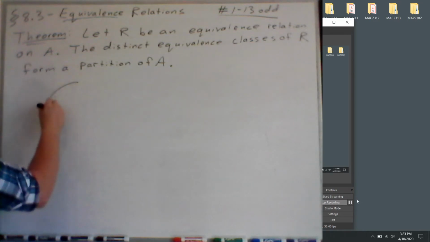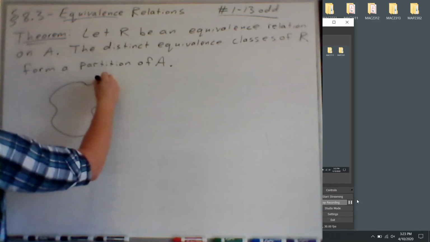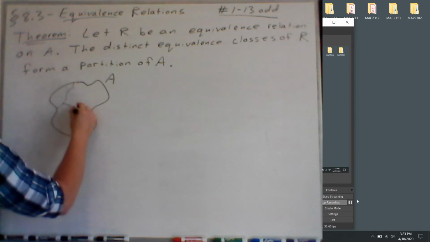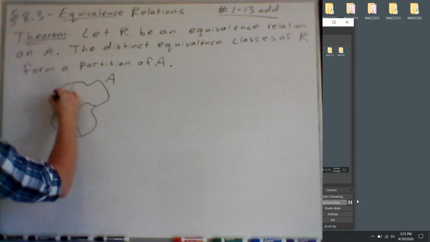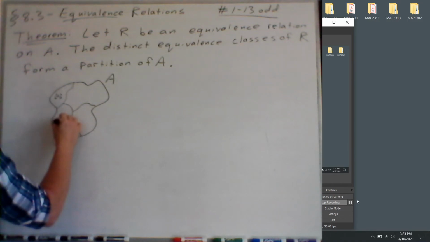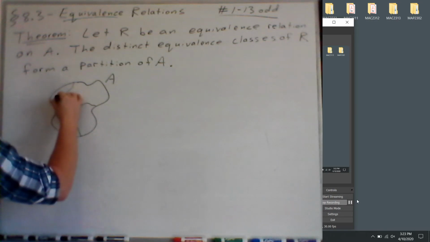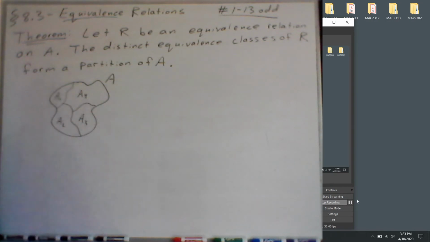So what that kind of just generally looks like, let's take this set A. That means that we can partition it into smaller subsets, like A1, A2, A3, A4.